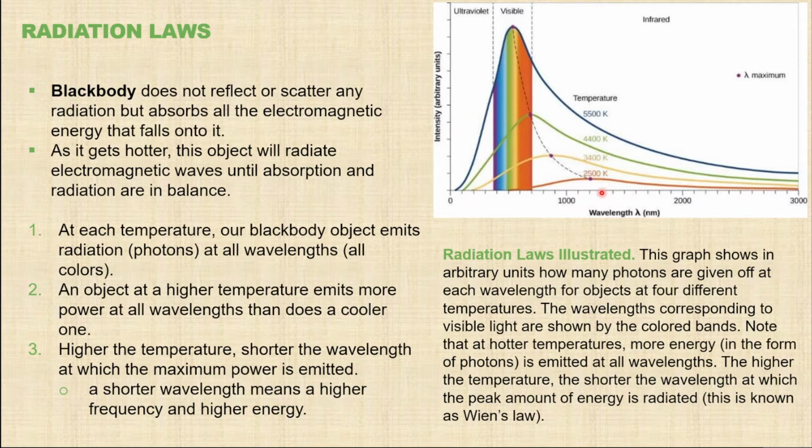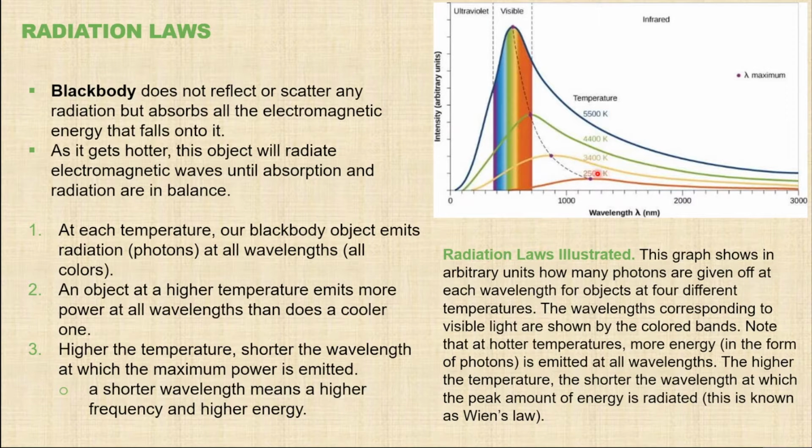At 2500 Kelvin, we see the black body emitting radiation at around 500 nanometer wavelengths, and the intensity increases at about 1200 nanometers and then decreases, but it does cover visible to infrared. So that's what it means, almost all wavelengths. That's one point. An object at higher temperature emits more power.